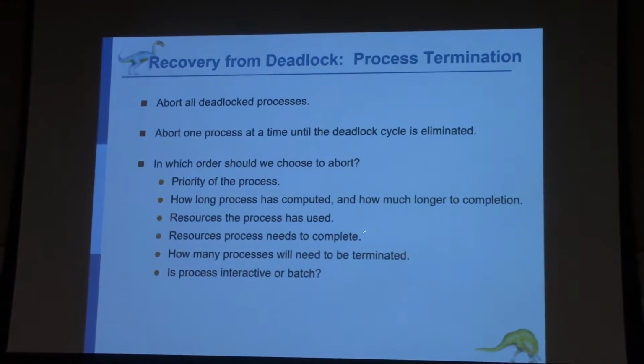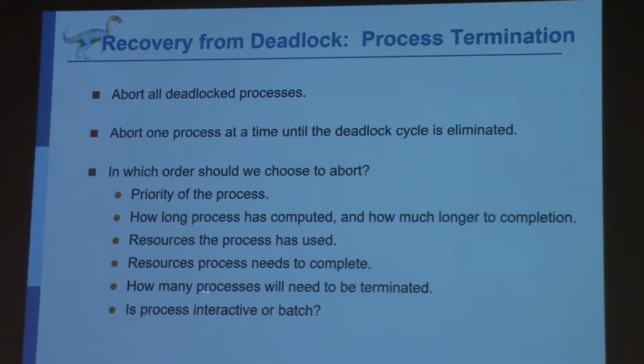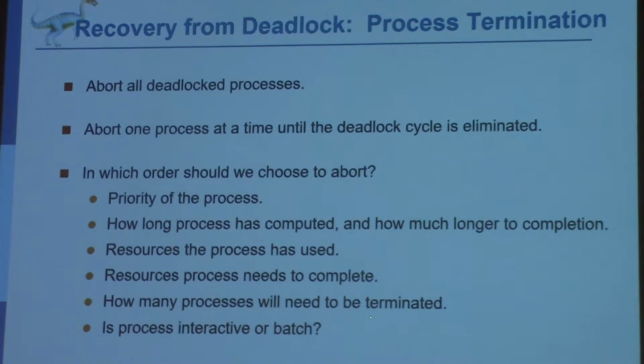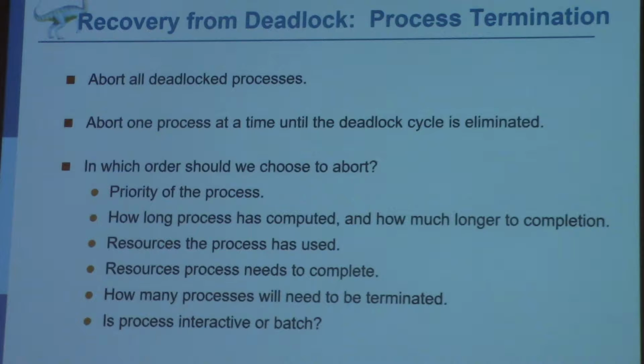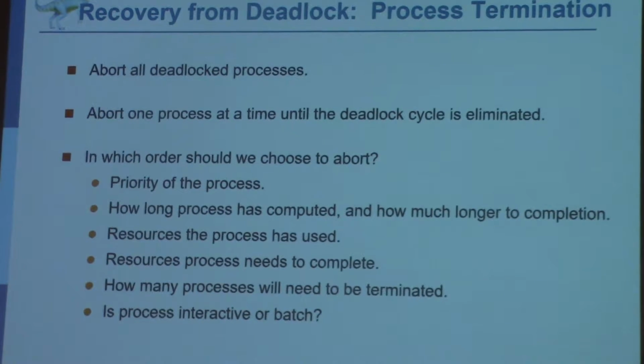Priority, how long, and resource, and need, and how many processes will need to be terminated, and the interactive or batch process, you can consider that. Then the counter. Nowadays, many of the operating systems will not use each of the approach.